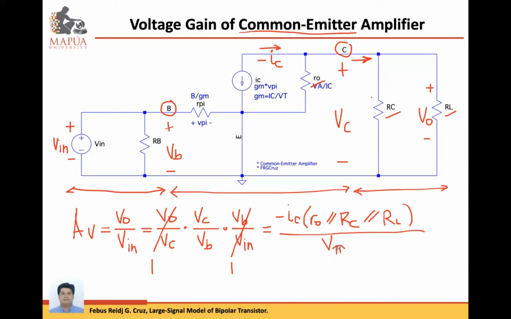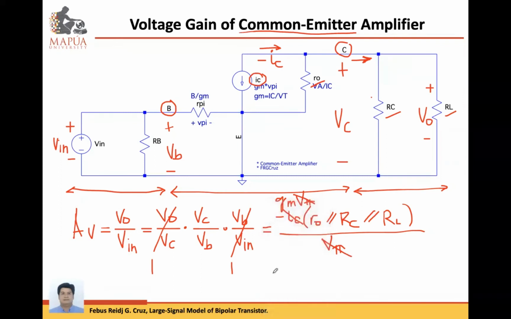Sir, bakit mo in-express ng V pi? We can express IC in terms of V pi. So we can write IC in terms of transconductance gm times V pi. And afterwards, we can cancel out V pi with another V pi.